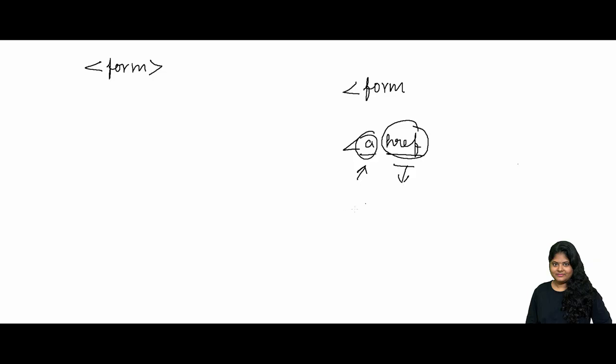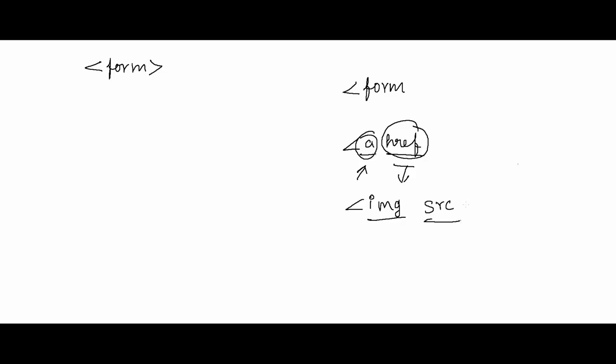For example, img is a tag, and src is an attribute. We are giving some image link here, and height, H-E-I-G-H-T, is equal to some value we are giving. Then width.